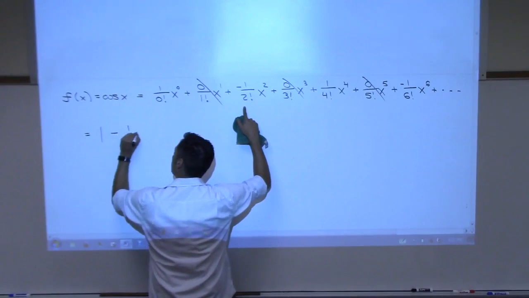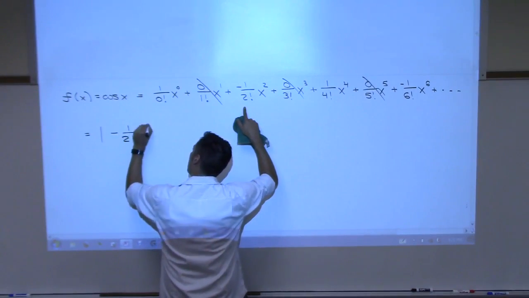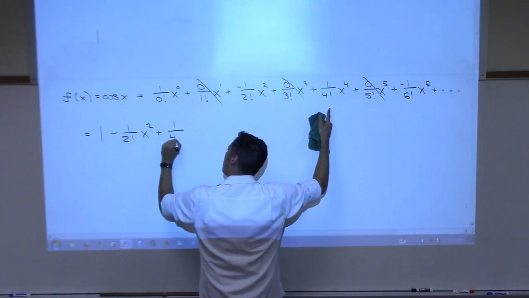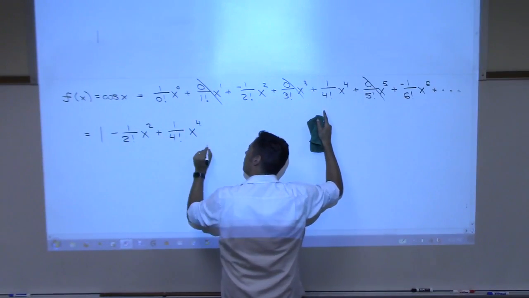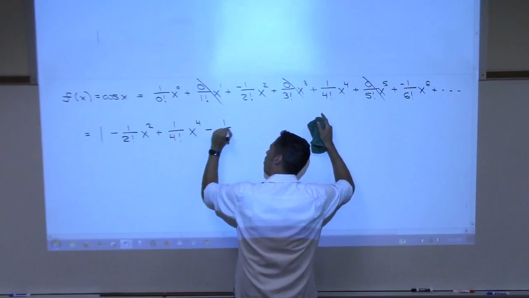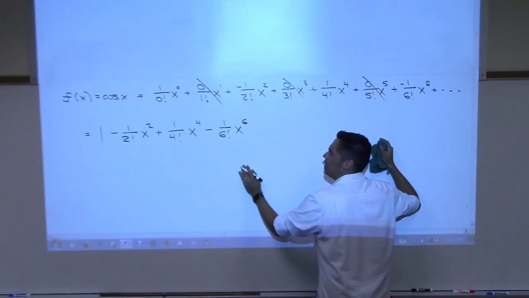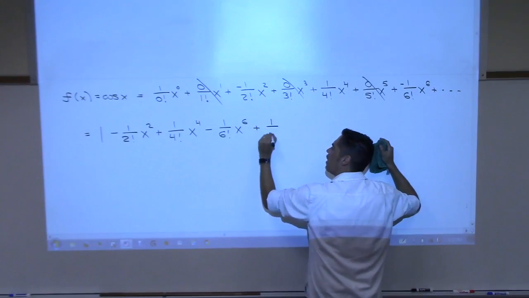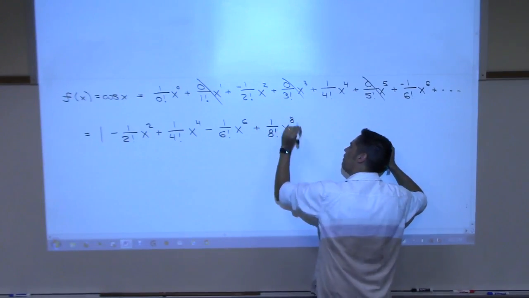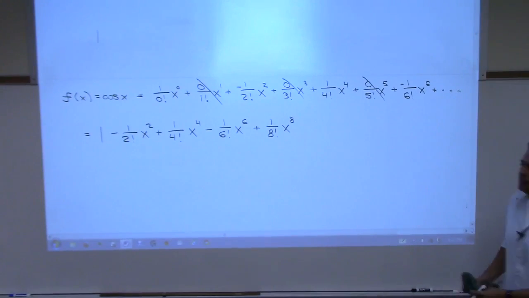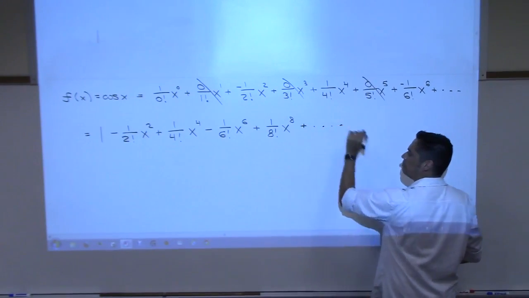So minus 1 over 2 factorial x squared plus, what's the next one? 1 over 4 factorial x to the fourth minus 1 over 6 factorial x to the sixth. What would the next one be? Plus 1 over 8 factorial x to the eighth. Right? Plus dot, dot, dot.